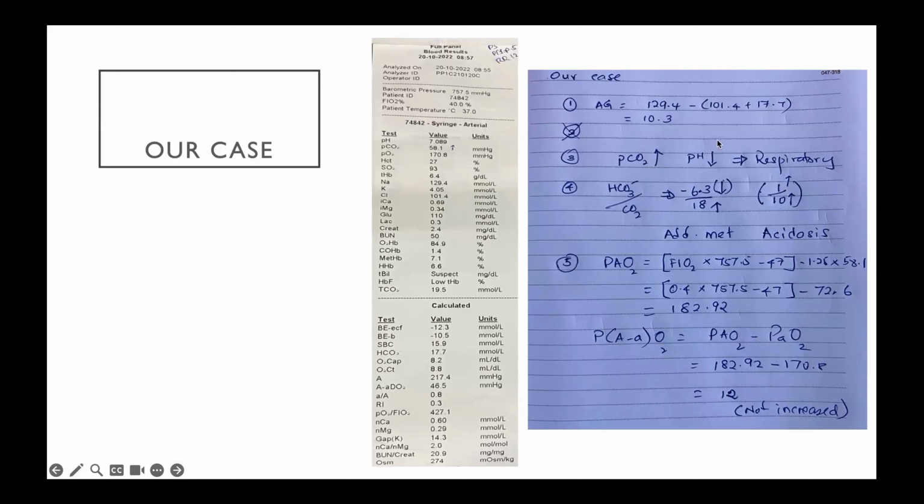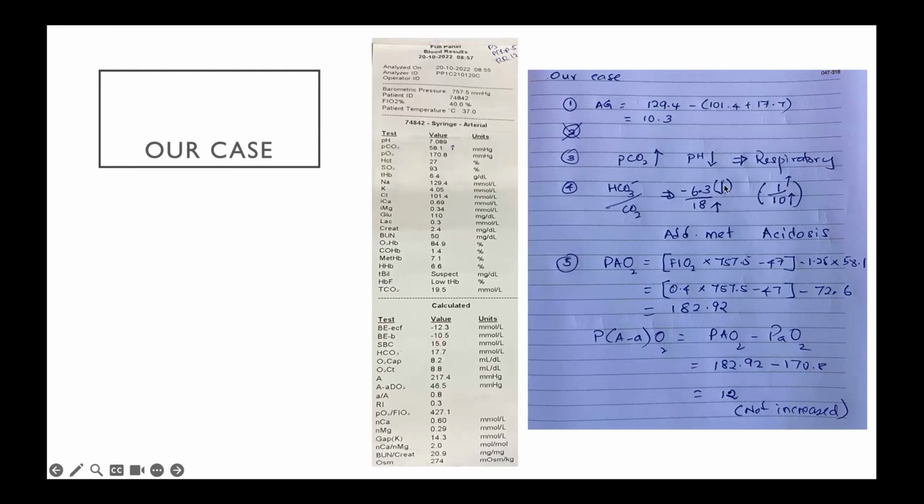So if there's a respiratory acidosis, bicarbonate should go up to compensate. For every 10 rise in carbon dioxide, there should be 1 rise in bicarbonate, because, as I said, renal compensation is slow. That is a rule. So every 10, it should be 1. But here, carbon dioxide has gone up by 18, but bicarbonate is also low.